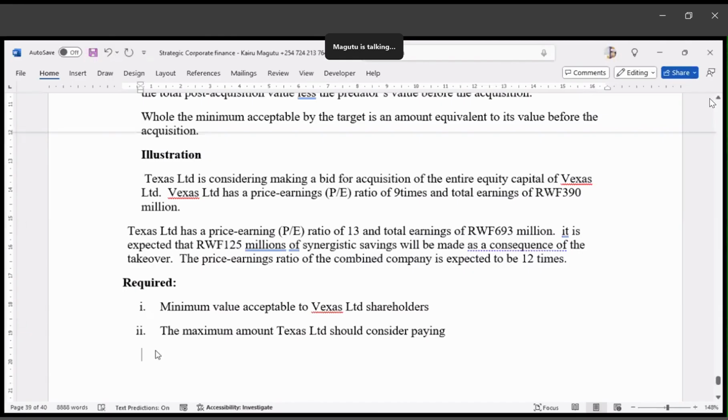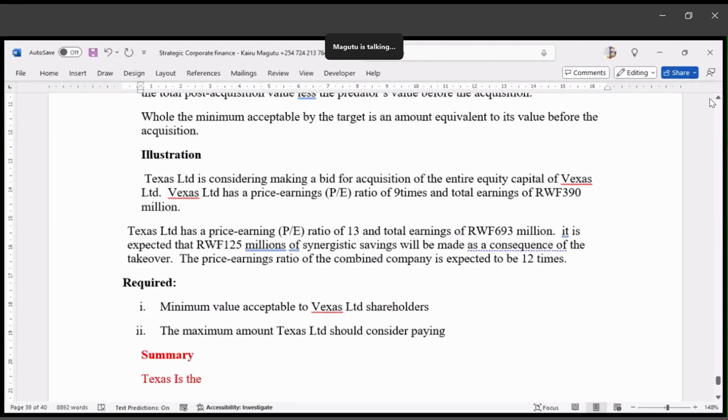We must have done so much. So let me start with the minimum value acceptable. Okay, the first thing is the data summary. Texas Limited is considering making a bid.